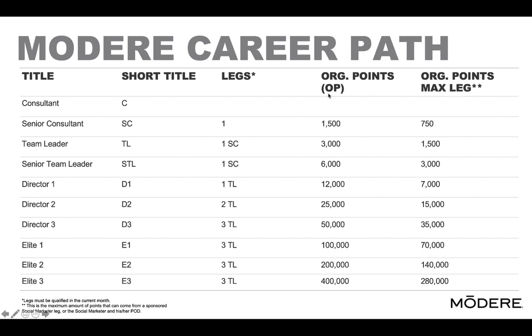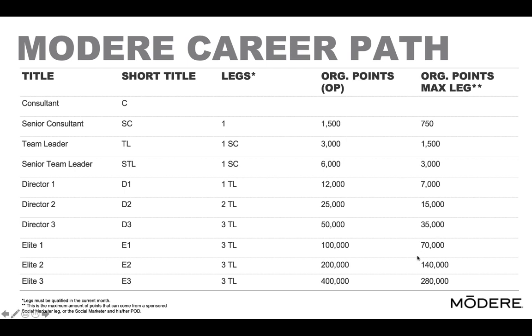Now, OP, organizational points, is your total volume, meaning your orders, your customers' orders, your team's orders, all of their customer orders. Every order counts for your organizational points. And then your organizational max leg is the amount of volume you can count from any one of your biggest teams.